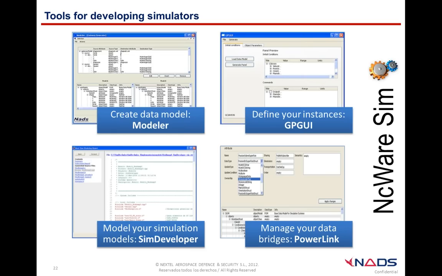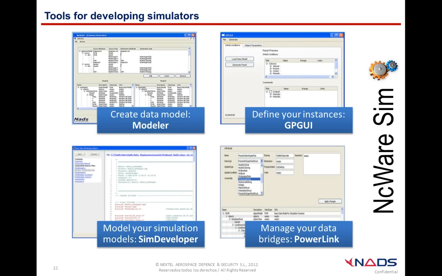The plane has a parameter, this is the altitude. With this tool you can define this interval between 0 and 1000 meters, for example. Then, running the simulation, you will decide which is the value you are going to use, the real value. But here you define the limits.